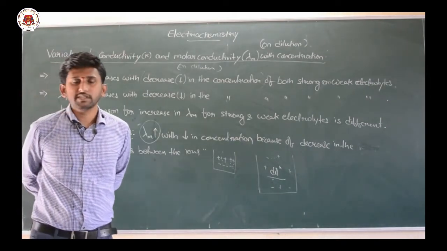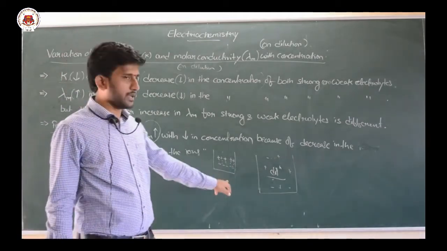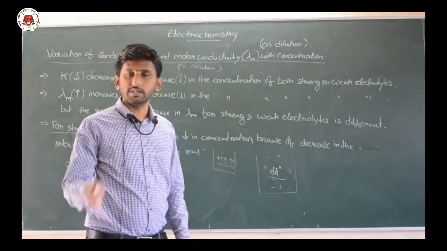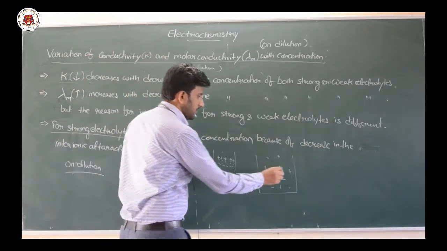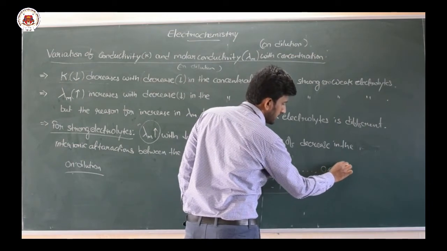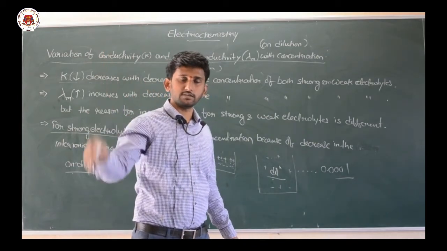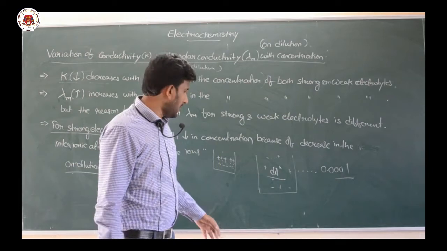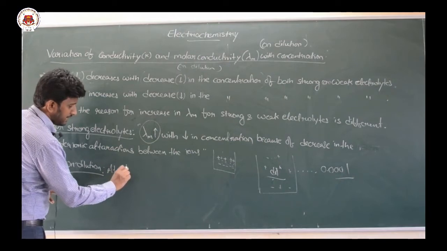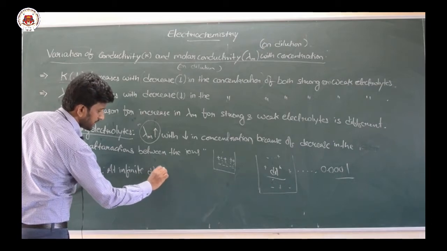Then what happens if you keep on diluting the solution? Let us assume initially 1 molar, you diluted to 0.9 molar, again you diluted to 0.8 molar, then on excess dilution it might have reached the value 0.01, 0.001, and so on. Means what is happening? At infinite dilution, what is the meaning of infinite dilution?